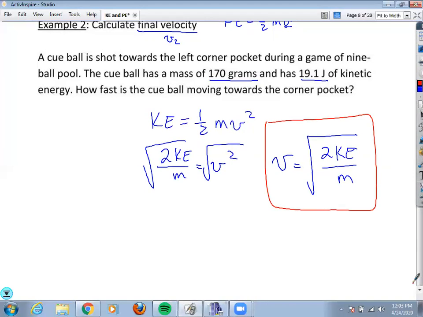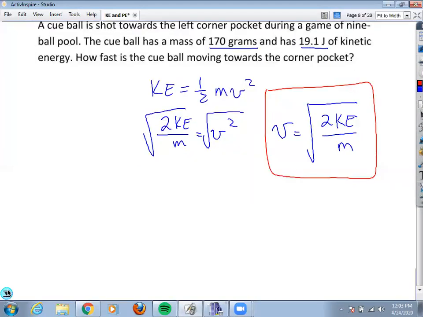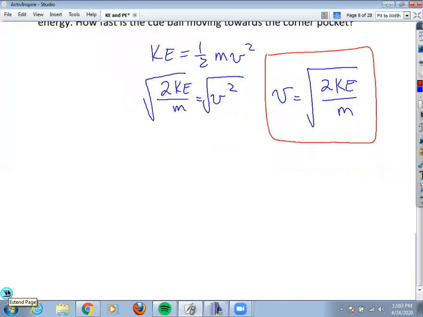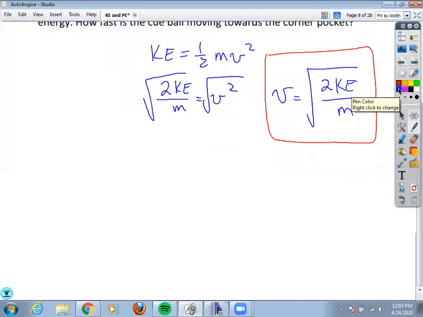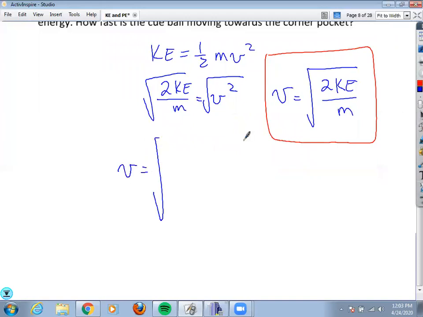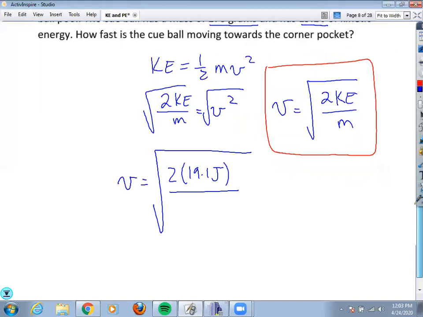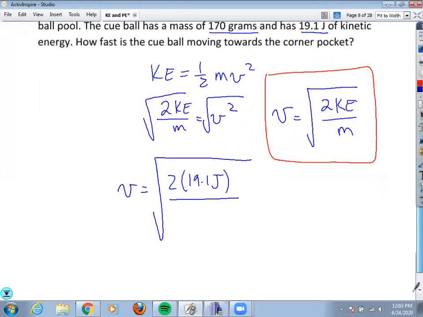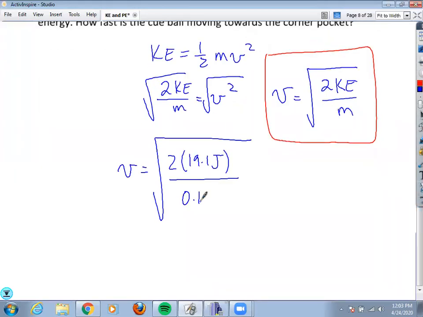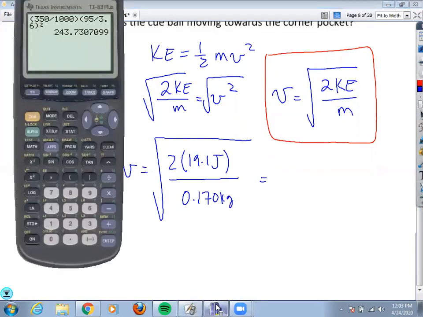Okay, so we know KE and we know m, so we can easily solve for the velocity of the cue ball. So the velocity of the cue ball will equal the square root of 2 times 19.71 joules of energy divided by m. And so the mass was in grams, 170 grams, so convert that, divide by 1,000, 0.170 kilograms, and we can isolate velocity.